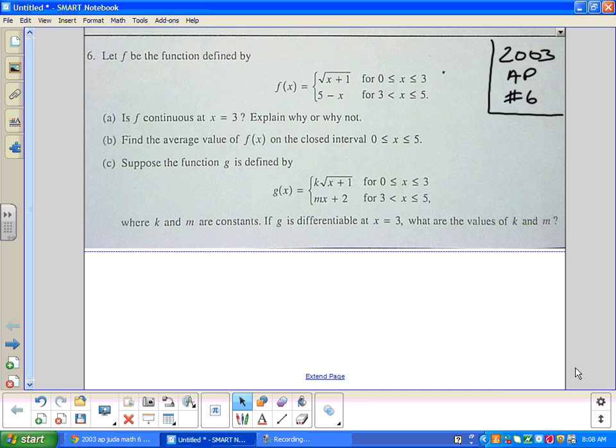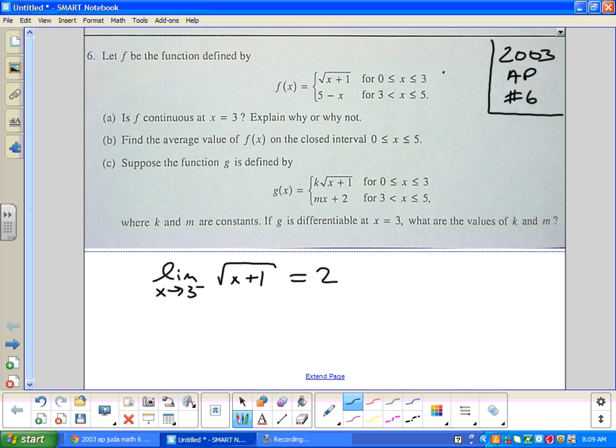All right, maybe I would start with a graph. I don't really have to. What I can do is take the limit as x approaches 3 from the negative side. If I'm coming from the negative side, I have to be on the lower function. If I put that in there, I find that that's 2.